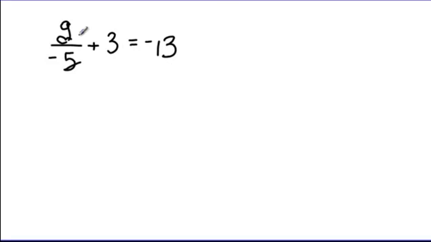All right, so let's say it again. G divided by negative 5 plus 3. So here G is being divided by negative 5. Then I am adding 3. Divided by negative 5 and adding 3. I'm going to work my way backwards.